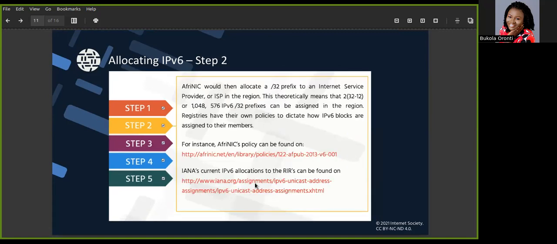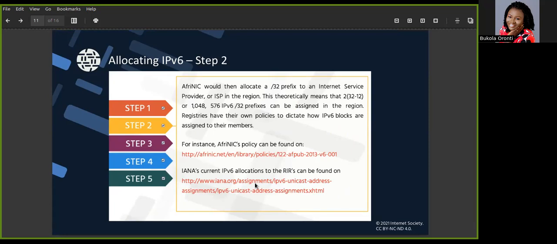AFRINIC then allocates, and we are using examples here, based on request, maybe a maximum of a /32 prefix to an ISP within its region.